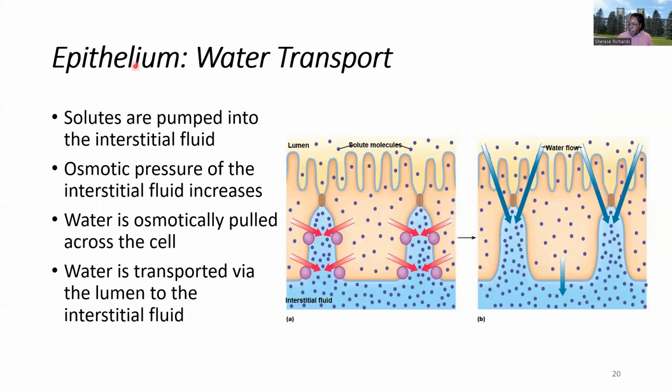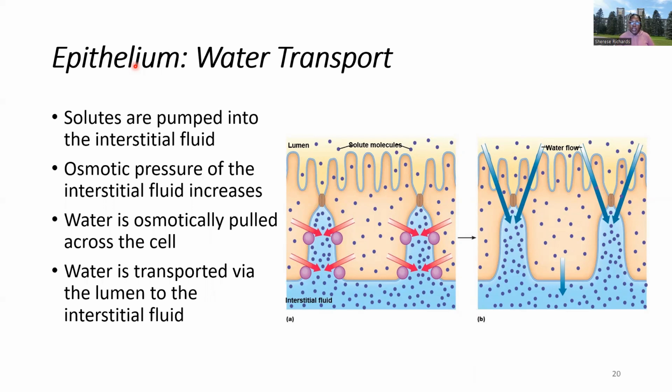Now, the last thing I want to just introduce here is the solute movement according to water. So solutes are always going to move and then water will follow. This is why it's so important to think about solute concentration as well as the water concentration gradient, and think about how solutes are pumped and then water can follow that gradient, right?